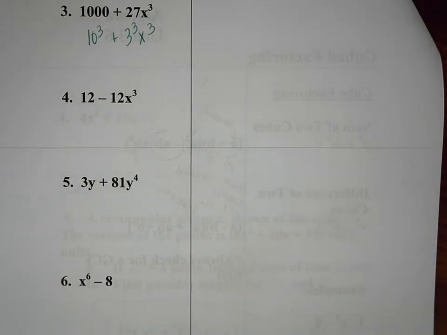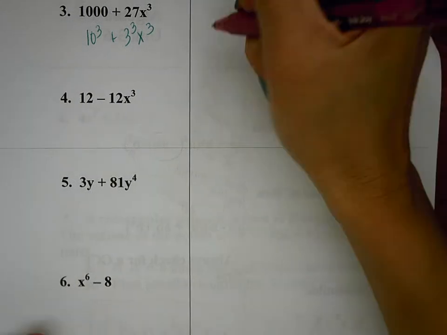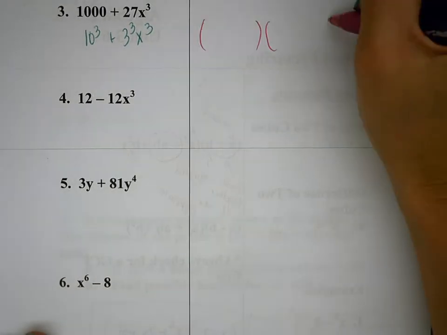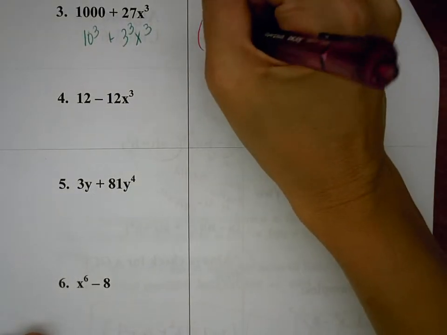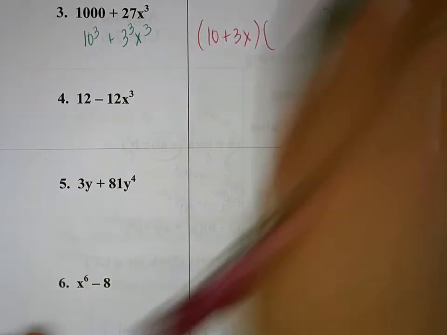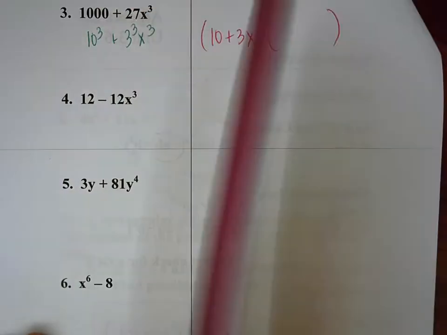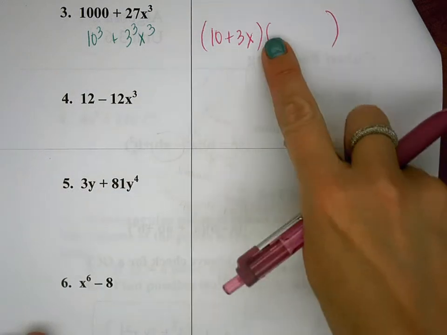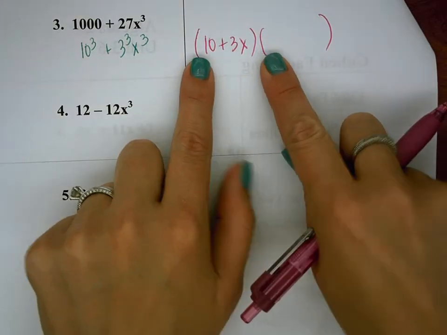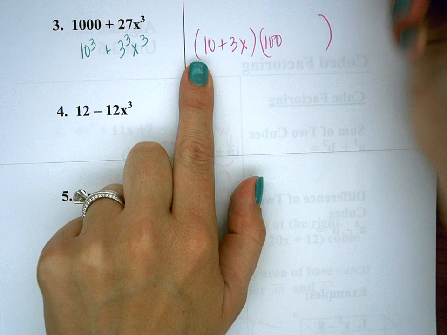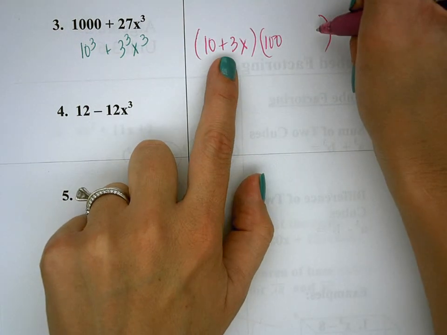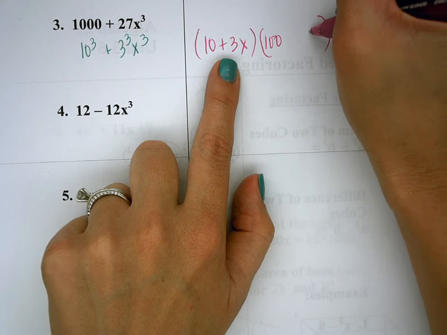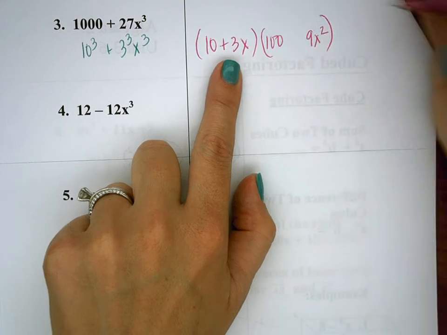All right, so after that, we factor. We make our 2 sets of parentheses. In my first parenthesis, I have 10 plus 3x. We wrote it the same way, we just took away the cubes. Next, the first one is the first one squared, which is 100. The last one is the last one squared, which is, remember to square both of them, 9x squared.